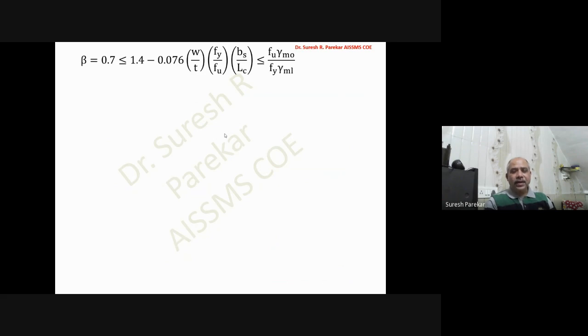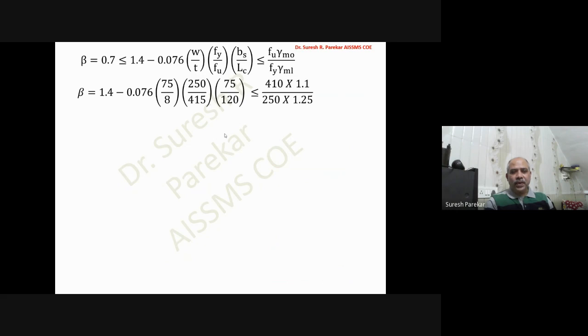Now in this, we have beta equal to 1.4 minus 0.076 into 75 by 8, into 250 upon 415, into BS upon LC. Whenever we have a welded section, in that case our BS is equal to W. This is the most important one. You have to keep in mind that for a welded connection, BS is equal to W, and therefore we have the value of BS as 75.